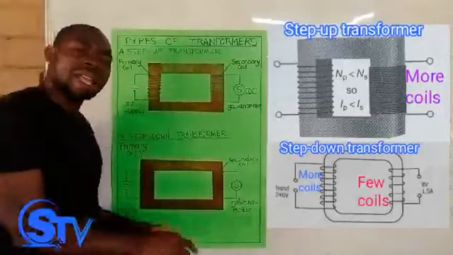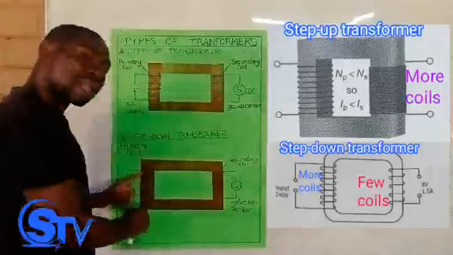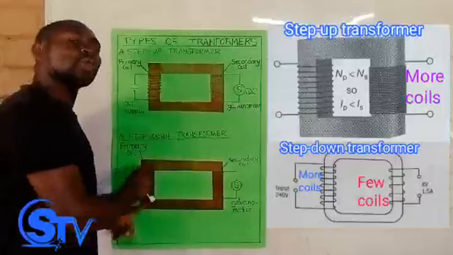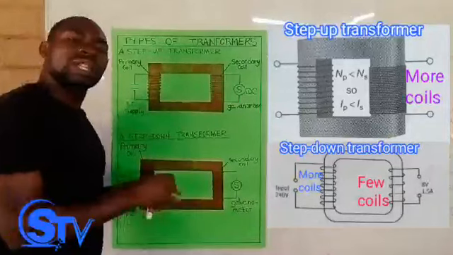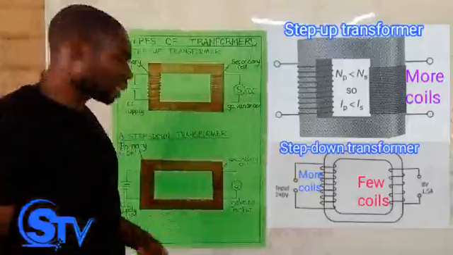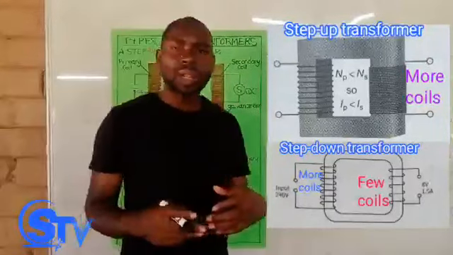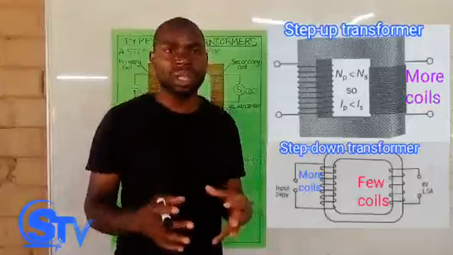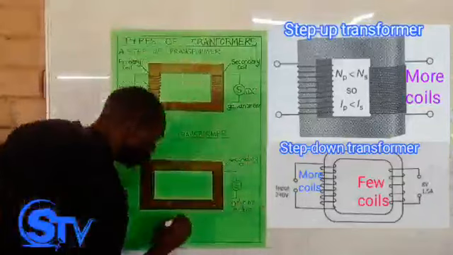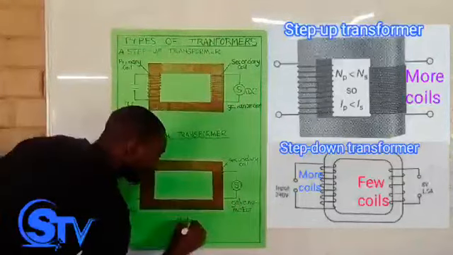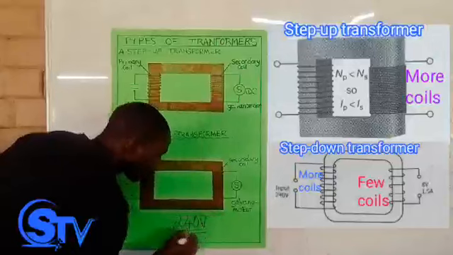Why is it there? It is to lower the voltage so that it suits what is used in our homes for consumption. For example, in Zambia, the voltage in houses is rated at 240 volts.